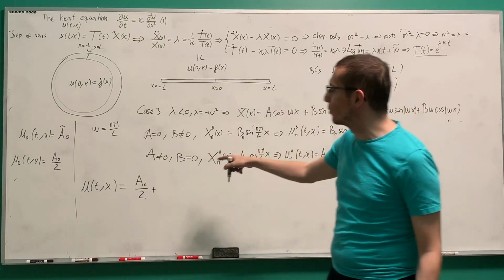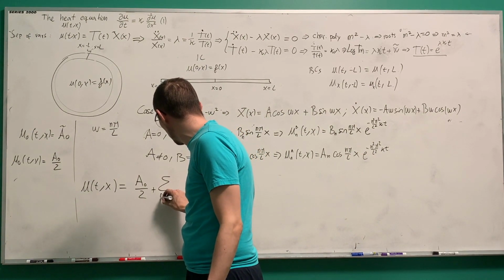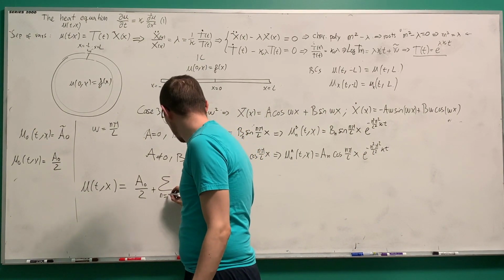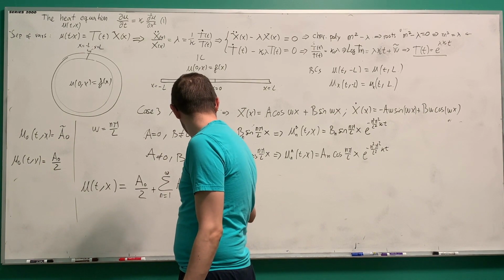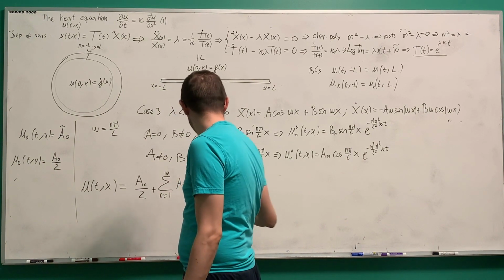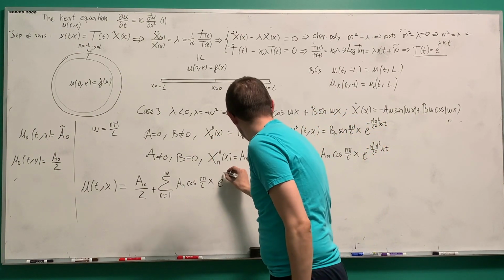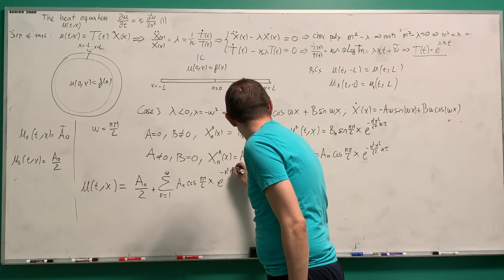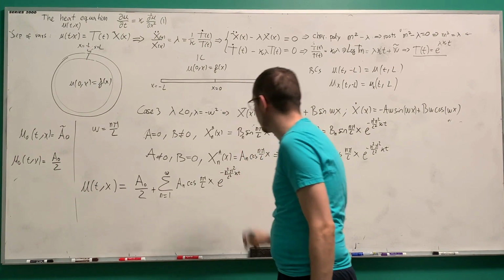This set of infinite solutions, sum all of them. You have to sum the infinite number of them in general for the general solution: the sum from n equals 1 to infinity of a_n cosine(n pi over L x) times the t part that I have here, e to the minus n squared pi squared over L squared kappa t.